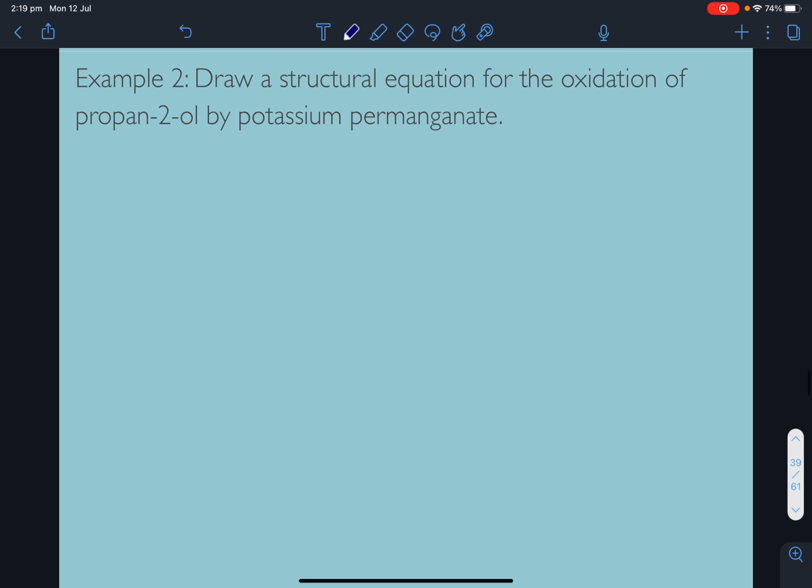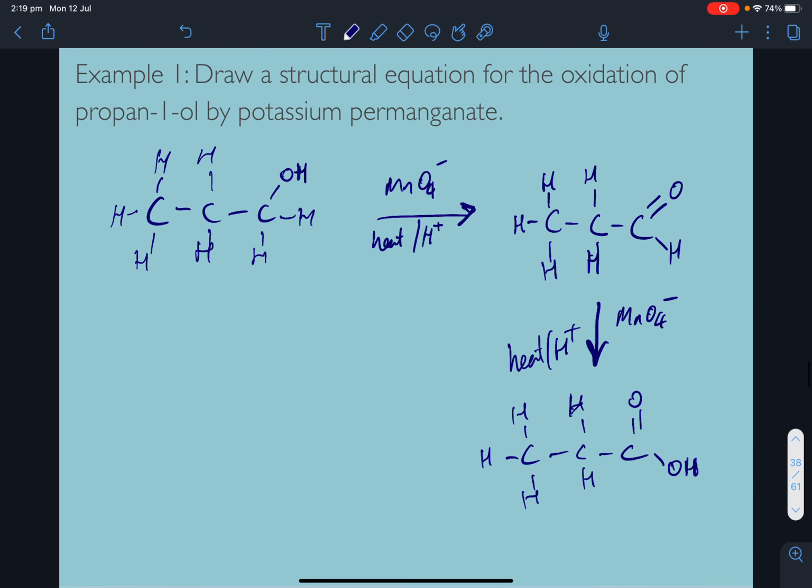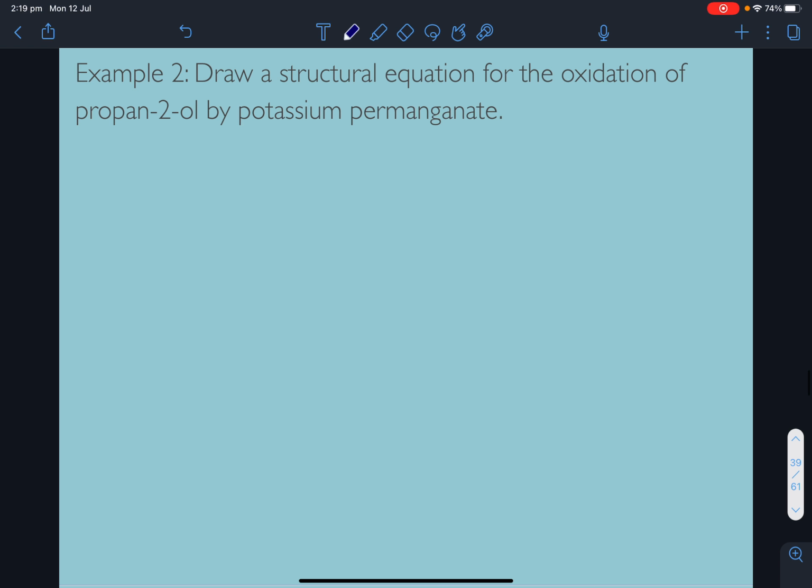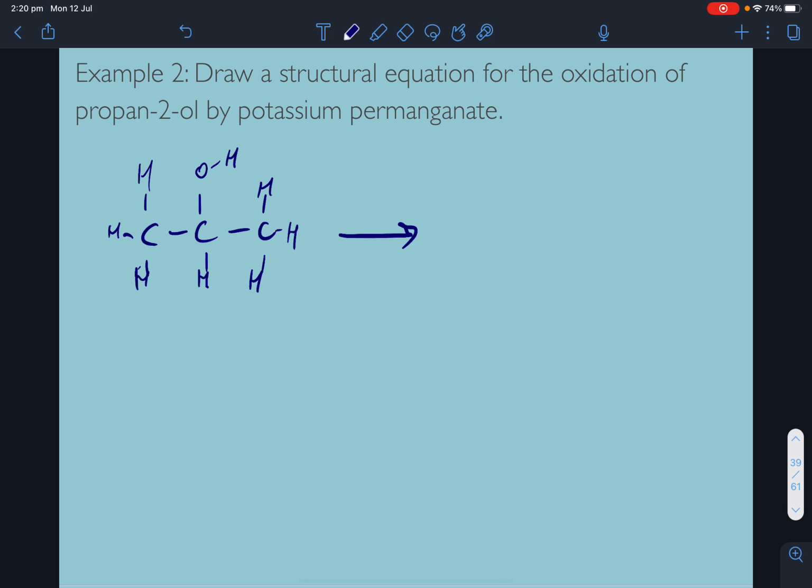Now draw the structural equation for propan-2-ol. Oh, look what I did there, just did the positional isomer. Prop-2-ol. Draw my hydrogens in. Still by potassium permanganate, so just add in the permanganate on top, and we want acidic and heat.